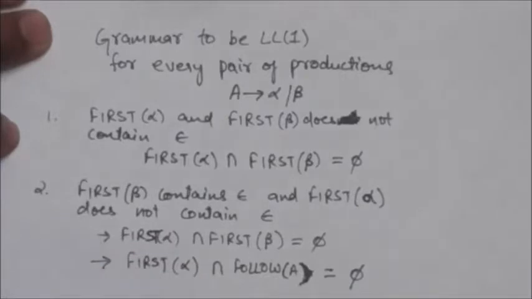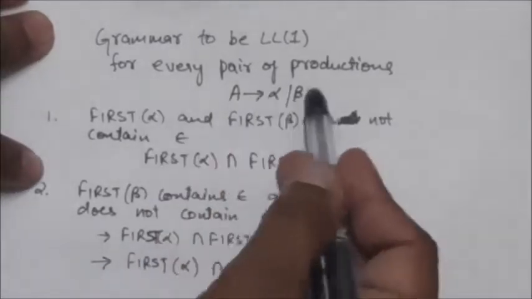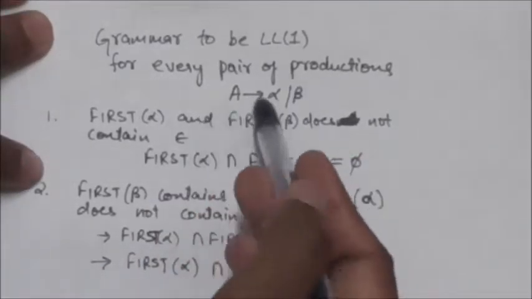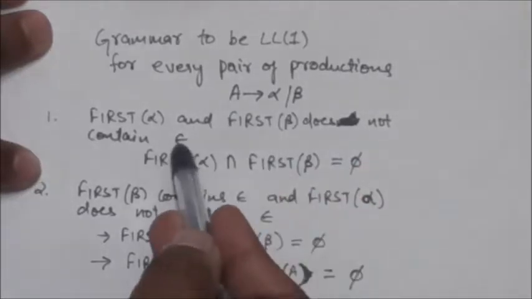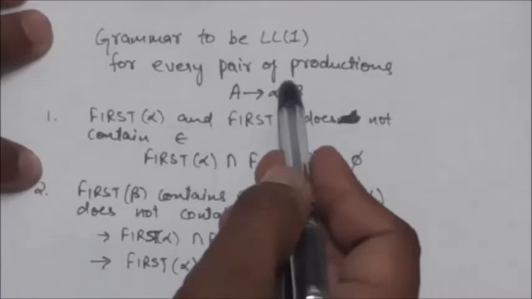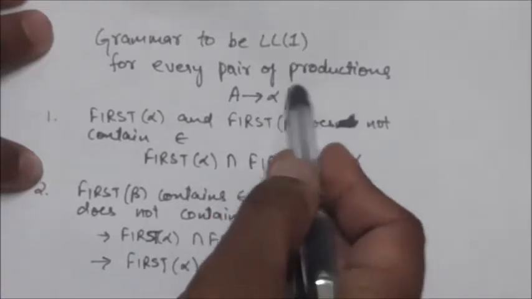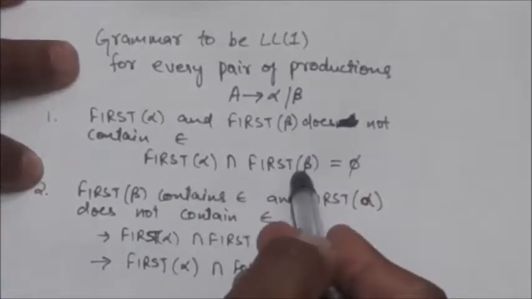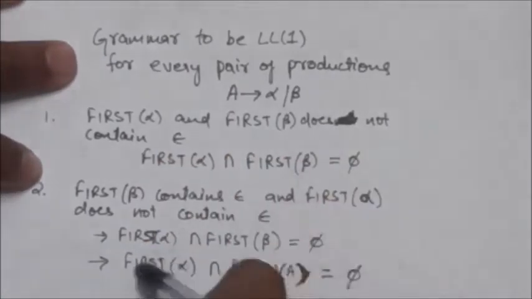Now here there are two cases. If first of alpha and first of beta do not contain the empty string, then if the sets first of alpha and first of beta are disjoint, the grammar will be LL1.